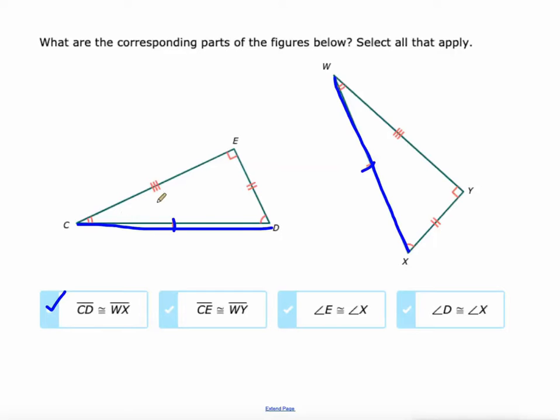CE, which has the three marks on it, 1, 2, 3, and WY, which has the three marks on it. That tells us that they are indeed congruent. Angle E, which is the right angle, and angle X, which is not a right angle. Okay, I'm going to take away that little red mark because these are not congruent. And lastly, angle D, which has one angle mark on it, and angle X, which has one angle mark on it. Those are.